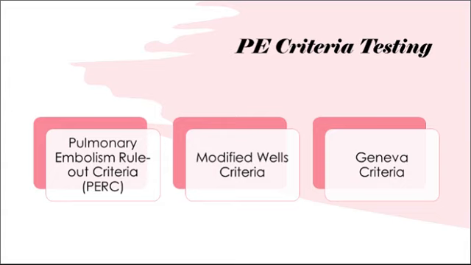If they answer yes to any of these, then you do further testing. Otherwise, only if all the criteria are no, you just monitor. The modified Wells criteria uses the same thing, but there is no age limit.